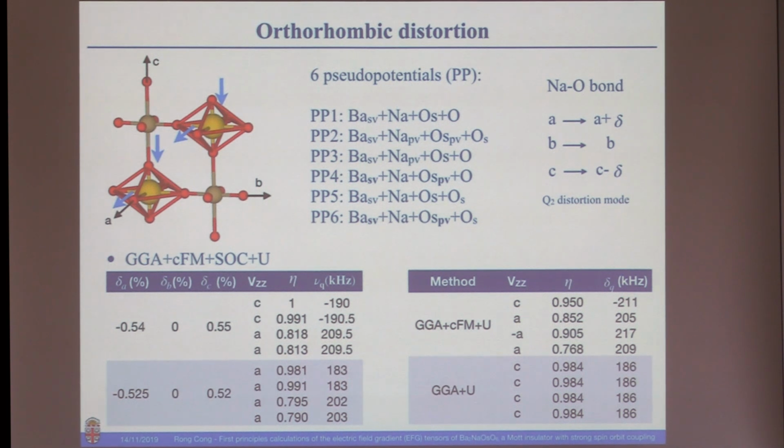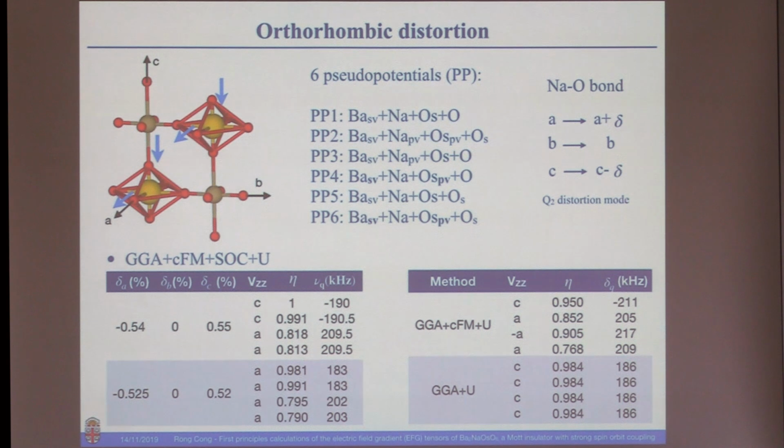If without the canted order and spin-orbit coupling, the four sodium atoms in the cubic cell are all the same, but with the canted magnetization and spin-orbit coupling, there are 2 sets of EFG parameters, where the nu Q value differs by around 20 kilohertz.